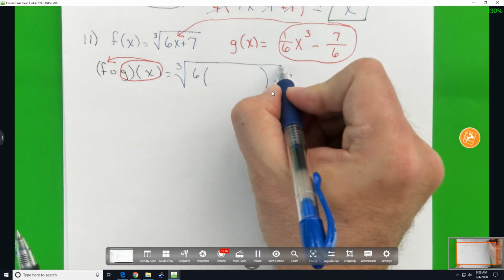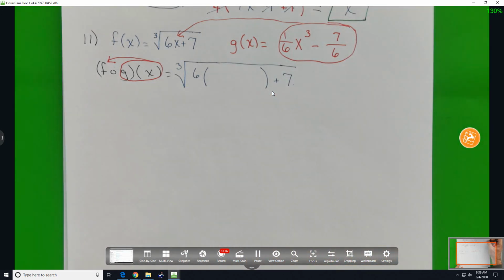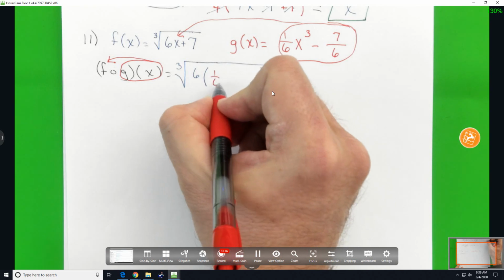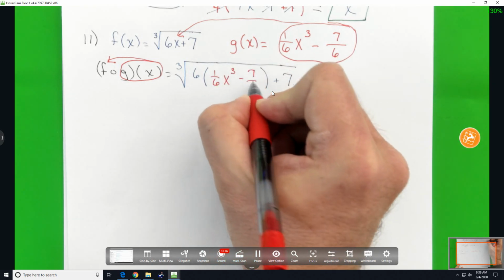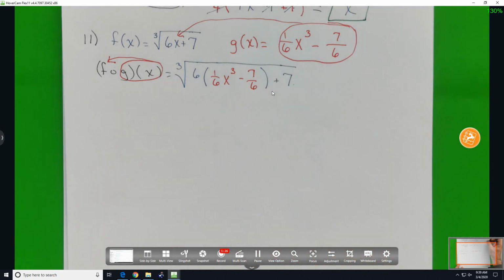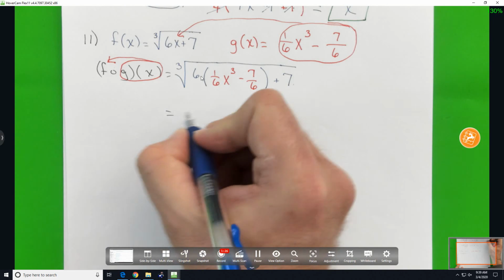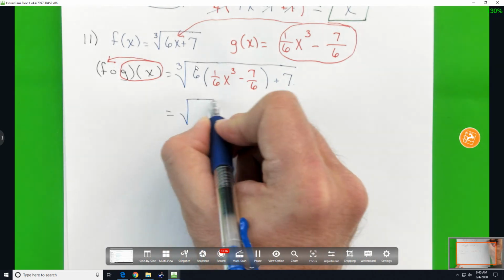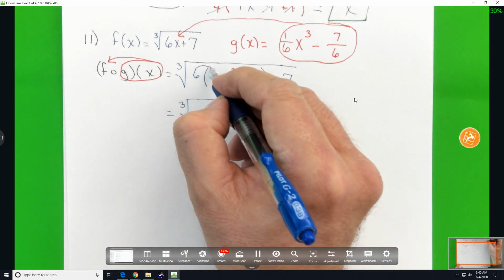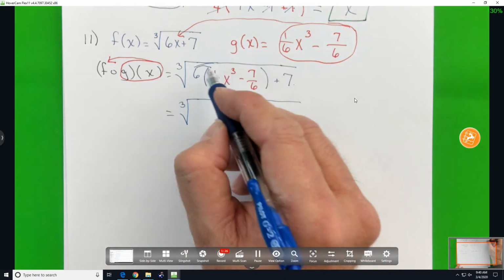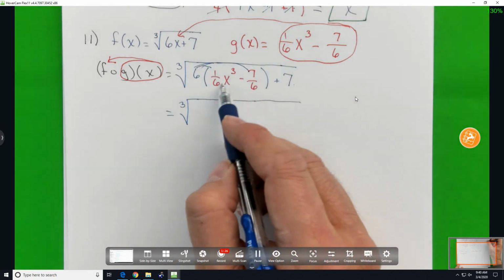So put 1/6 x to the third minus 7/6. I think once we multiply the 6, things are going to start looking a lot better. Distributing that 6, what's going to happen? They're going to cancel those fractions, aren't they? Yeah, the fractions are about to cancel.